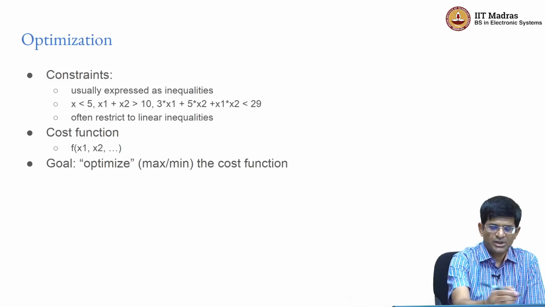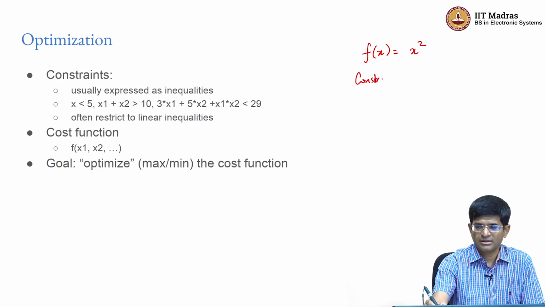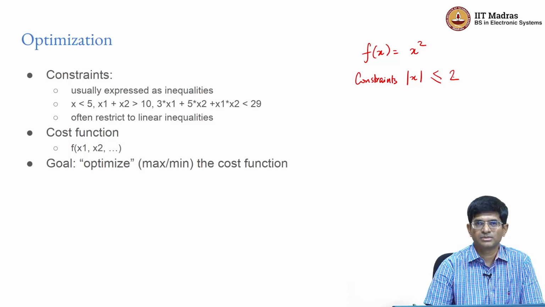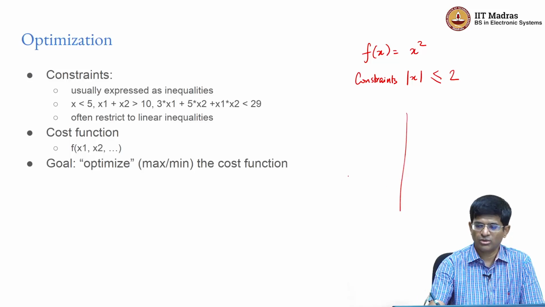The simplest example that you might think about might be something like this. My cost function is f of x equals x squared, and my constraints might be something like mod x less than or equal to 2. Now, if I gave you this problem, one way you could go about solving it would be to plot this picture.